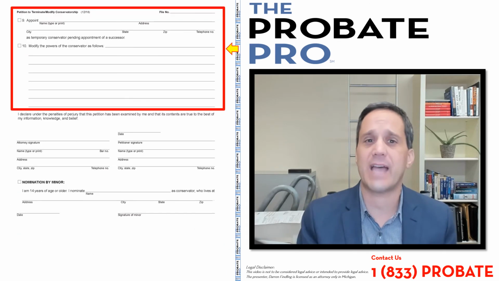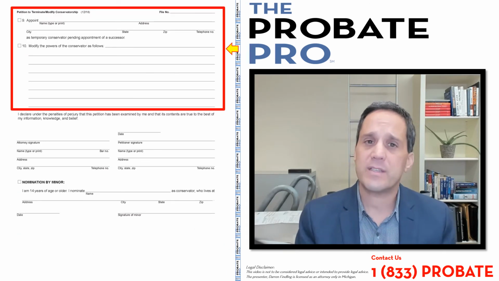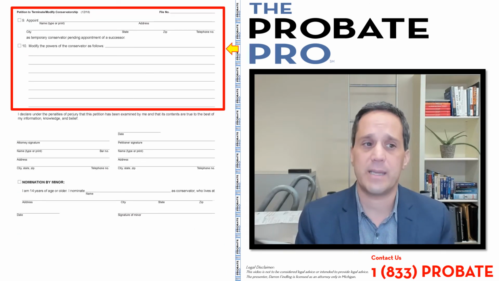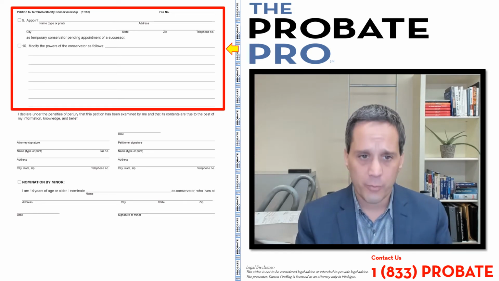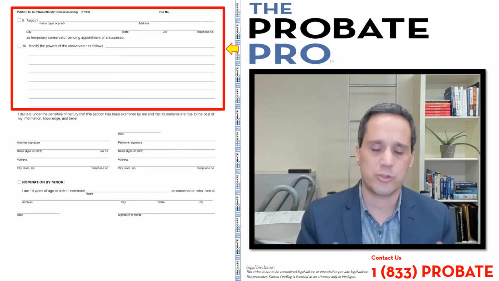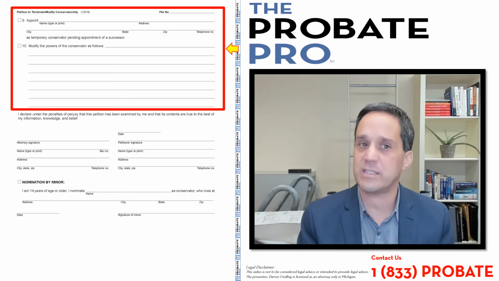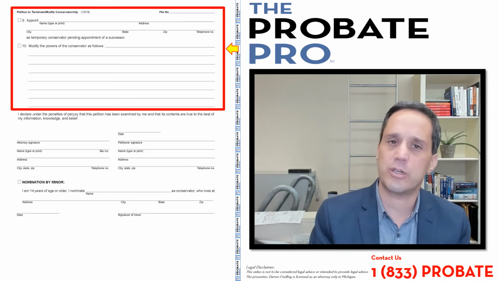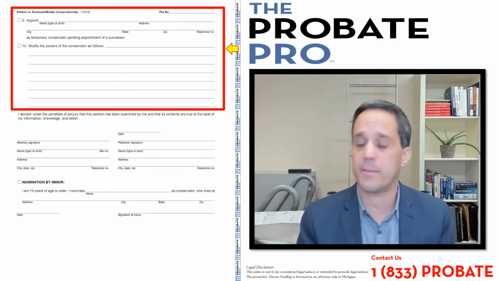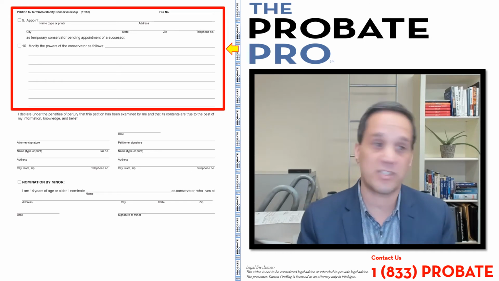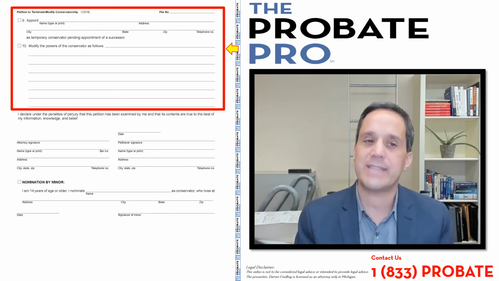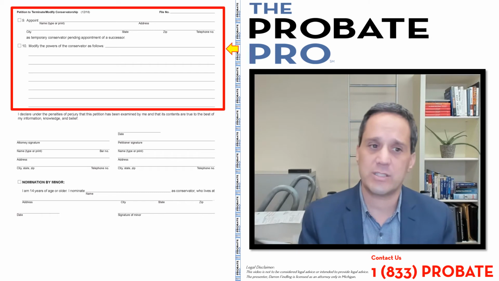Let's turn to the back side of the form. Here, the top right corner, again, a place to put the case number. And then, are you asking for the appointment of a temporary conservator because there's some imminent issue that has to be addressed? Are you asking for the conservator's powers to be modified or somehow altered or limited or expanded? So that's the section for section 9 and section 10.